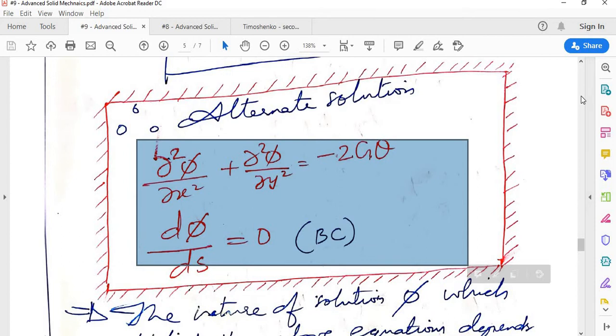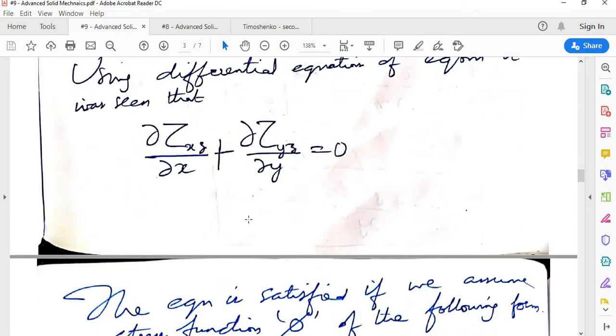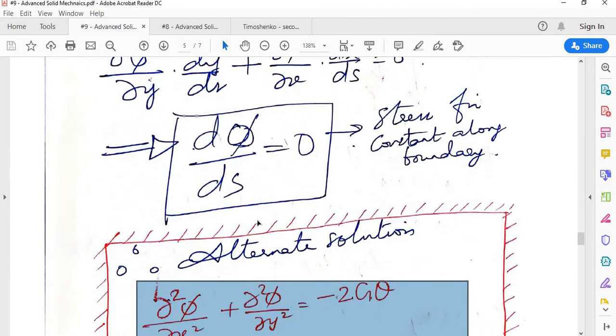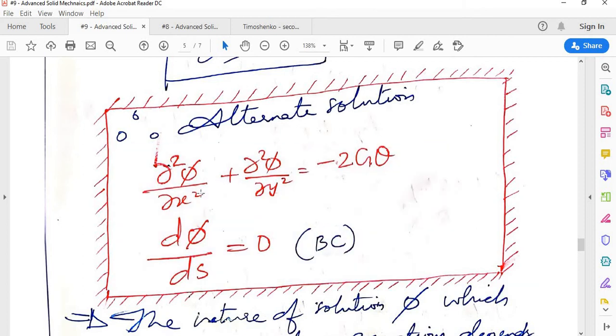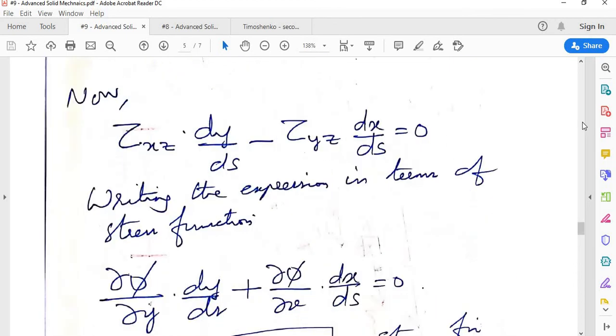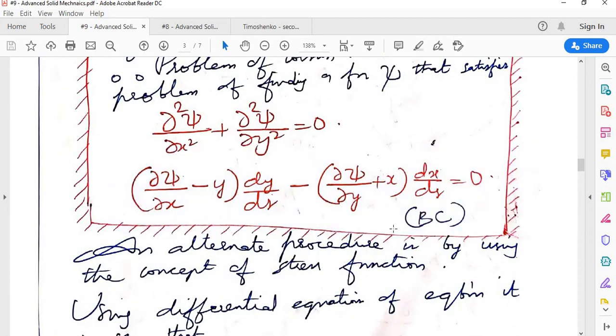Once again, these two expressions are the solution of the torsion problem in terms of warping function, and the same expressions in terms of the classical approach of using stress function. These are the two equations. Any solution of stress function which satisfies these equations forms the solution. As you can see, the boundary condition using stress function is much simpler than that of warping function.